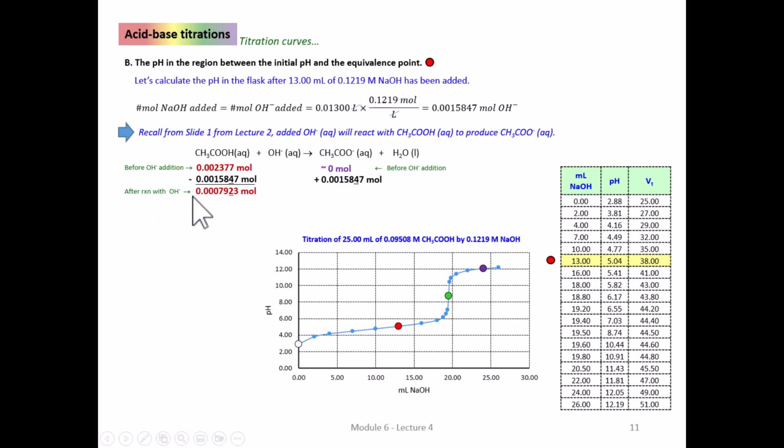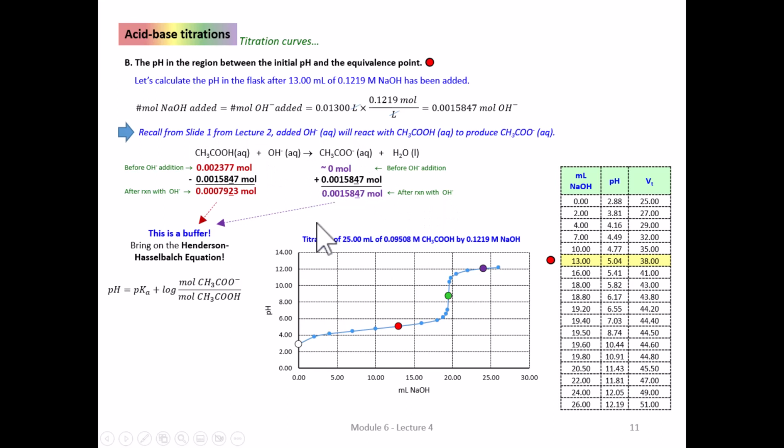And so after reaction with hydroxide, we have this many moles of acetic acid left, and we've produced 0.0015847 moles of acetate. Well, this is a buffer. We have significant concentrations of the acid form and the base form of a weak acid.